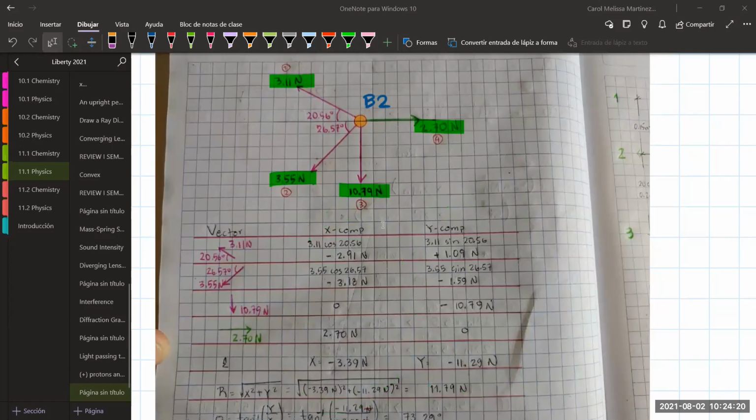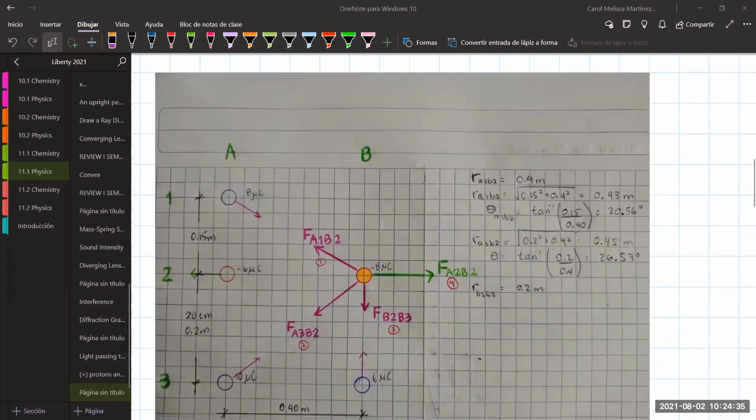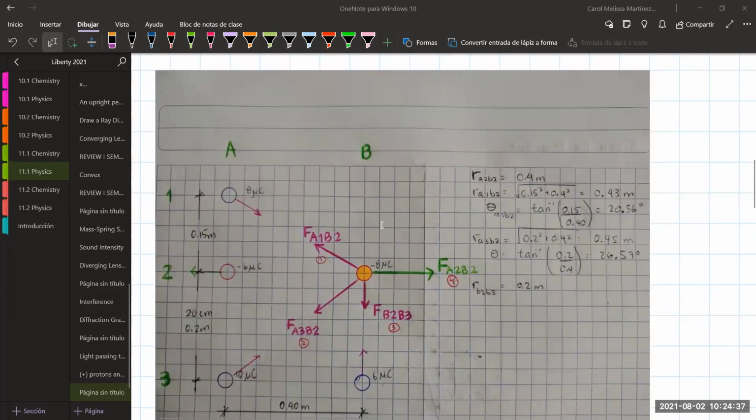In the sketch, just include the value of the vector, the angles, if there are angles, and as you can see, here I put the first angle that I got from here, okay? That's the first angle. It says angle between A1, B2. So this is the angle that I'm getting.